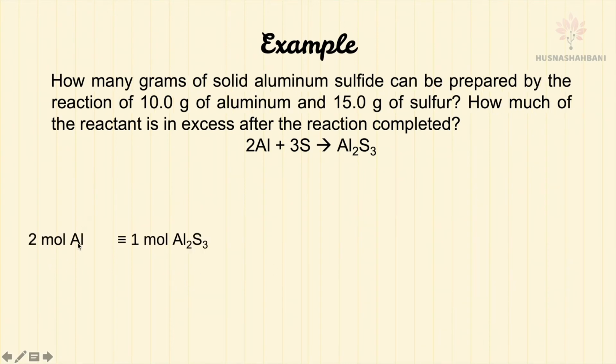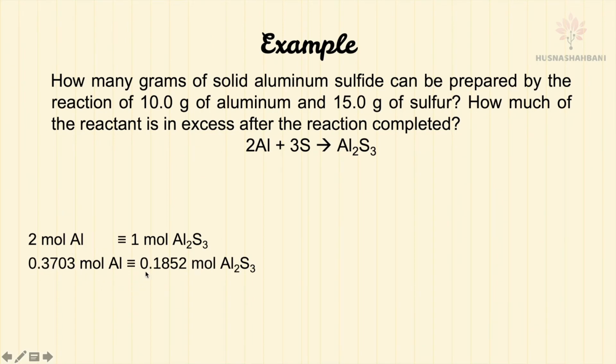2 mole Al produces 1 mole Al2S3. This is from the equation, 2 mole, 1 mole. The actual number of mole of Al is not 2 mole. The actual number is just 0.3703.